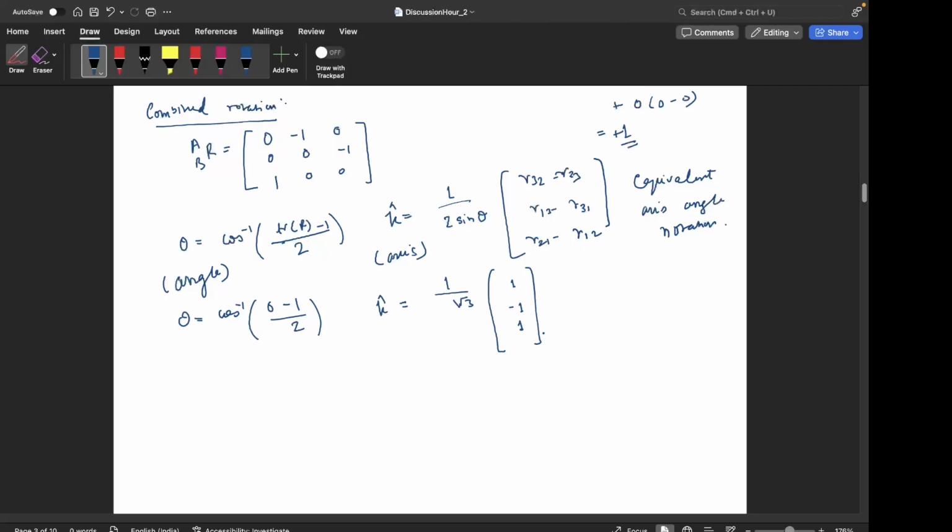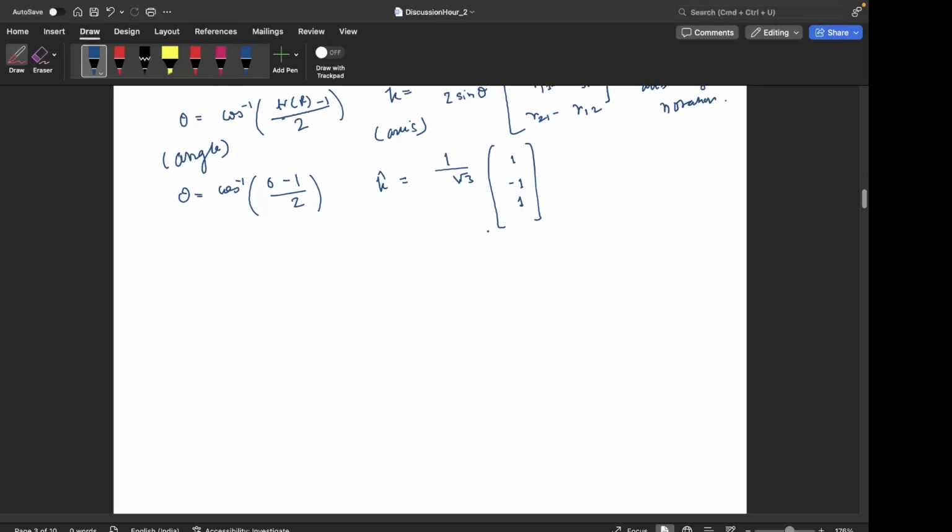Now theta is 2 pi by 3, that is 120 degrees. And this is as it is.